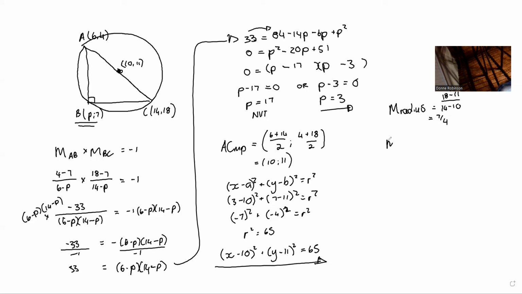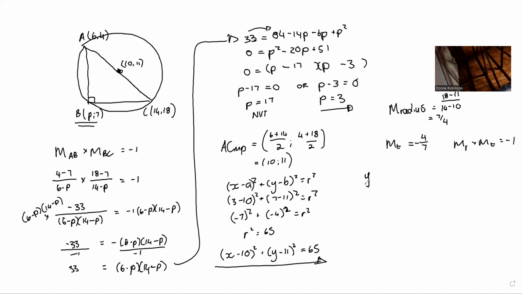Now to work out the gradient of the tangent, we're going to switch around the fraction, just add a negative. The easiest way to do it. If you're not comfortable in doing it just like that, you can still do the m radius times m tangent should be equal to -1. Okay. So now we have the gradient of the tangent.